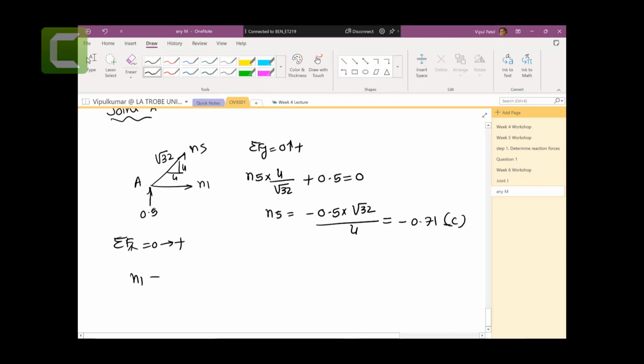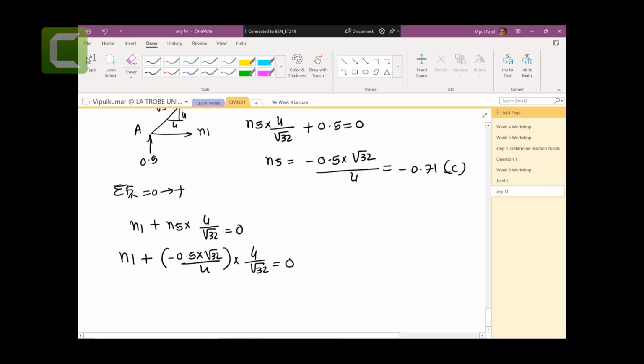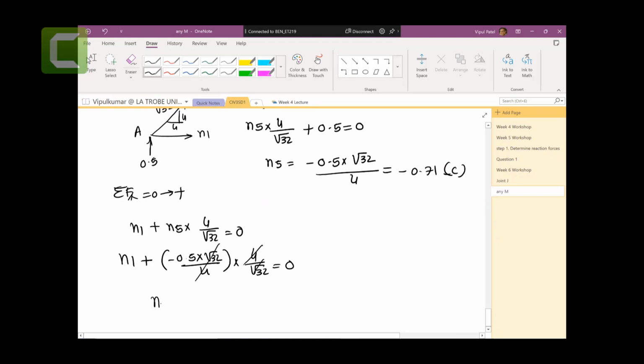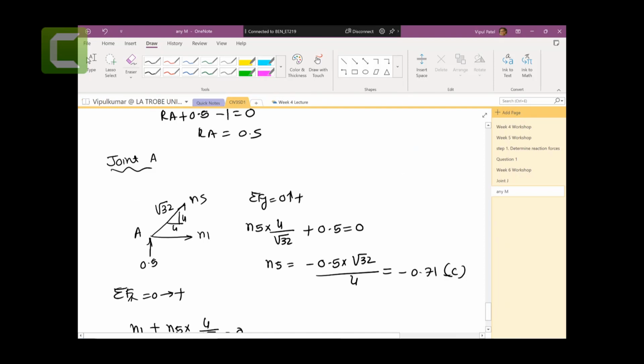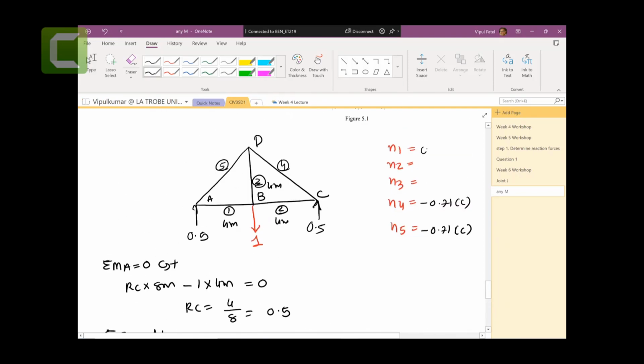N1 plus N5 times 4 on square root 32 equal to 0. N5 is minus 0.5 times square root 32 on 4, times 4 on square root 32, equal to 0. So N1 equal to 0.5 tension. N1 would be the same as N2.